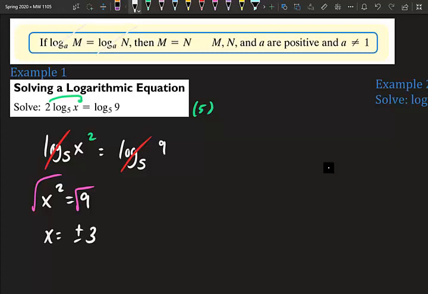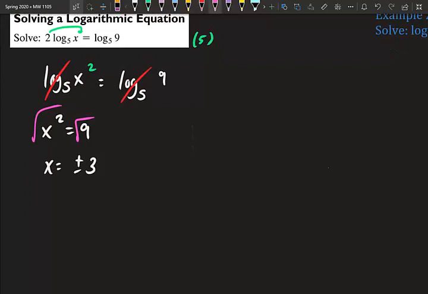Now that's not our answer, because remember, logarithms have a special domain. There are restrictions on the domain. So before you think you're done, you always need to find the domain. To find the domain, we set the argument, or whatever x is, greater than 0. So x is greater than 0, and that is the domain.